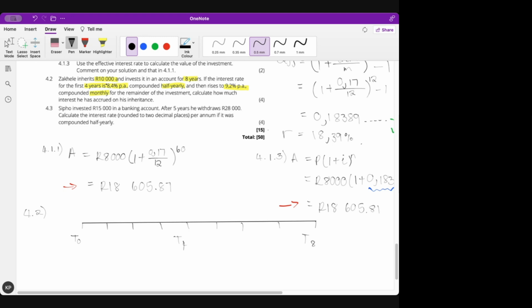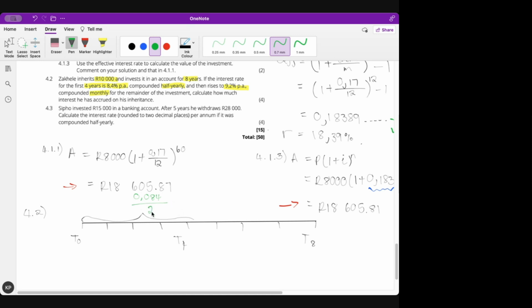Okay, 8. So 1, 2, 3, 4. For the first 4 years, our interest rate is 8.4% compounded half yearly. So we have 0.084. Half yearly means how many times a year, guys?